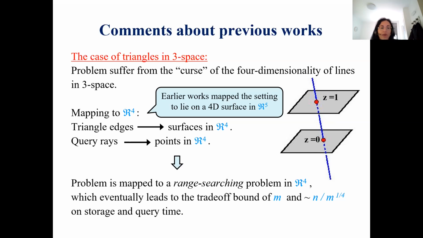Overall, what this mapping did is map the problem to a range searching problem of points and semi-algebraic regions in R4. And this eventually led to the trade-off bound of M and N over M to the quarter on storage and query time.